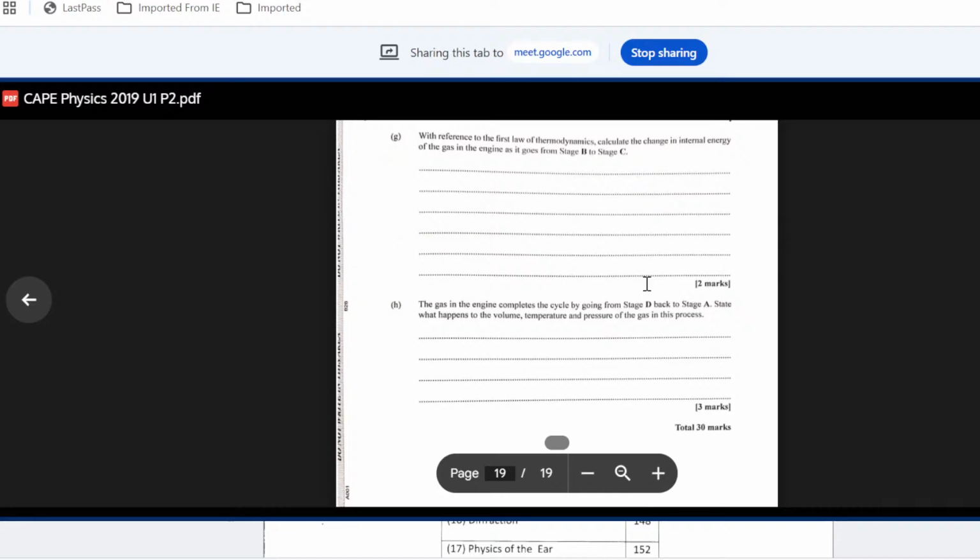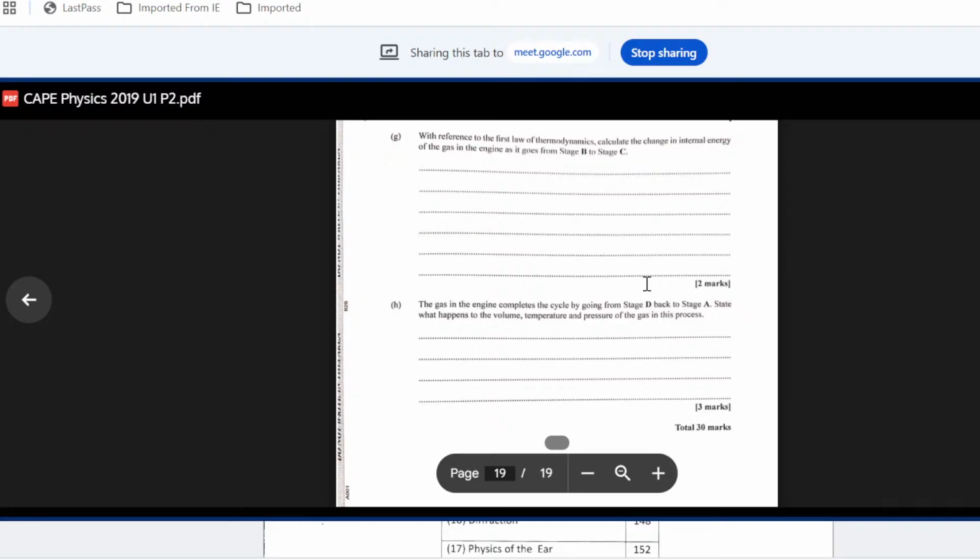Alright, next one. The gas in the engine completes the cycle by going from stage D back to stage A. Oh, that's a three part. State what happens to the volume, temperature, and pressure in this process.